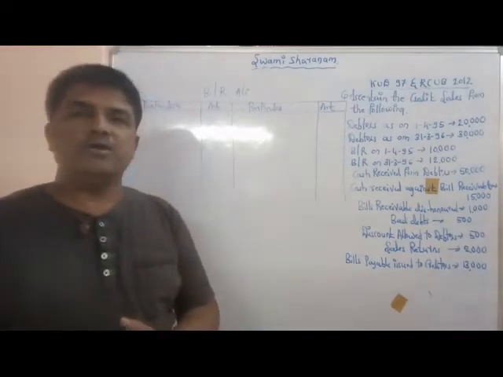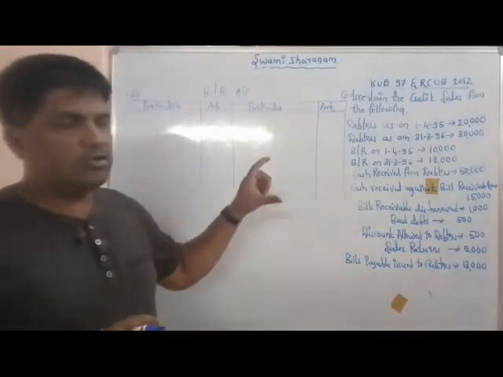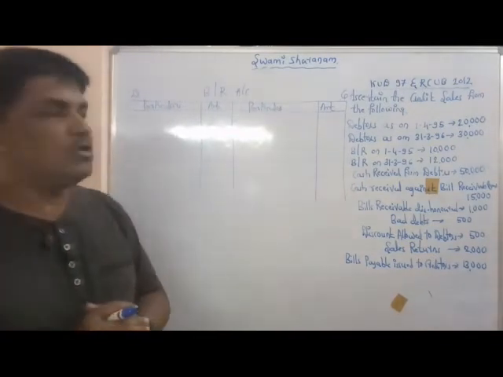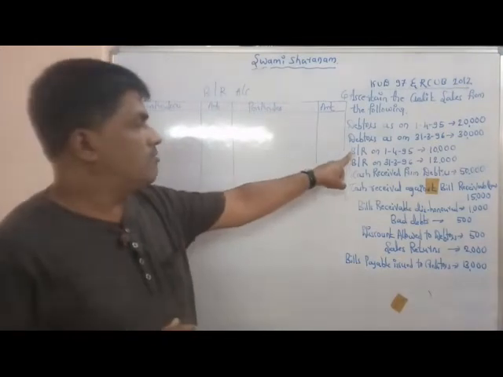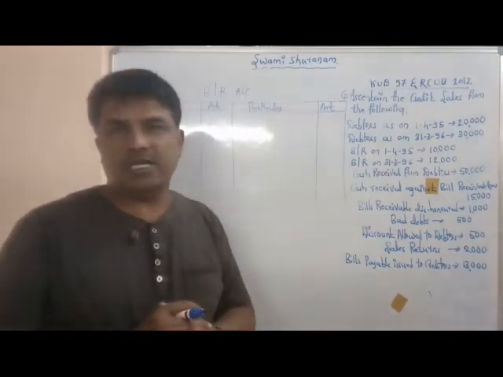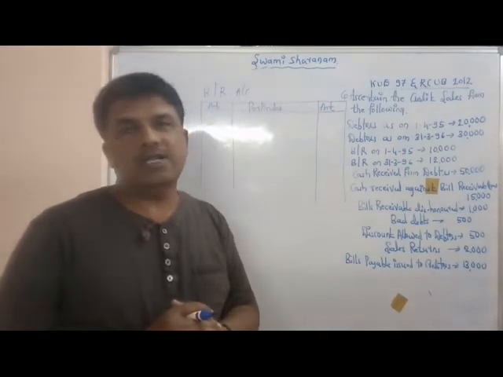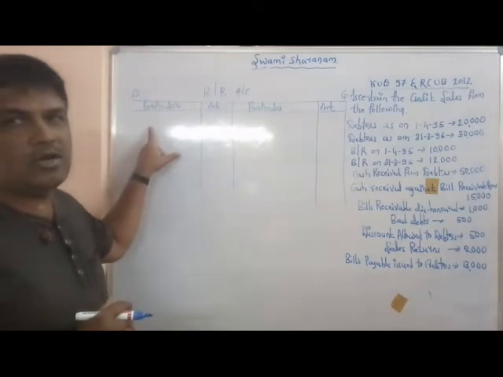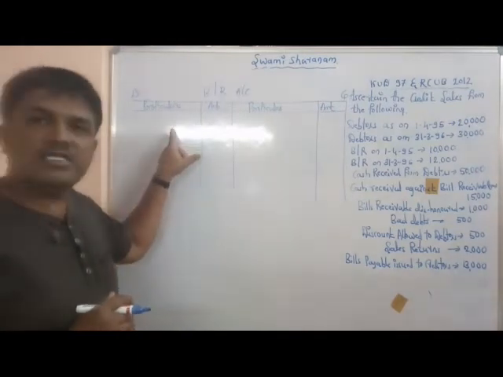First of all, I am going to post the information given in this problem relating to bills receivable account. First of all, you go through the first one. Bills receivable on 1/4/1995, rupees 10,000. It is opening bills receivable. So it is recorded in the debit side of the bills receivable account, because bills receivable is an asset.